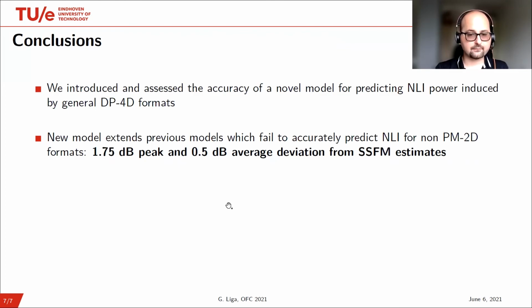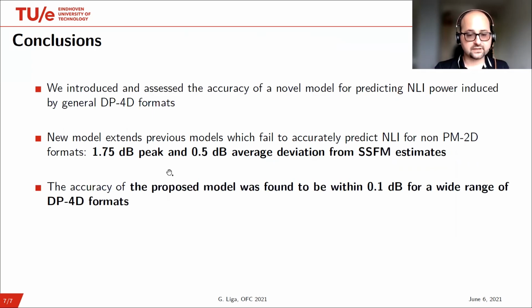And this results in a deviation of these models of up to 1.75 dB from SSFM results, but on average, the deviation is about 0.5 dB across the range of constellations that we considered here. Our model, on the other hand, is more or less always within 0.1 dB. And it just showed a peak deviation of 0.2 dB for a low cardinality modulation format.